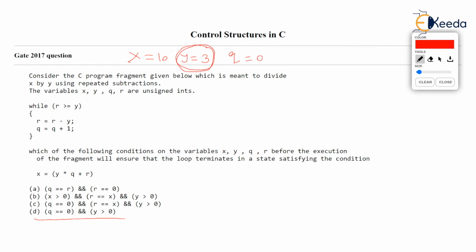So let's see what happens in the while loop. While r is greater than y. Hello, listen, r is not given any value. Senseless this is. You have a garbage value, and how can you comment with a garbage value? What will be the output? Correct or not? So option D is also wrong.